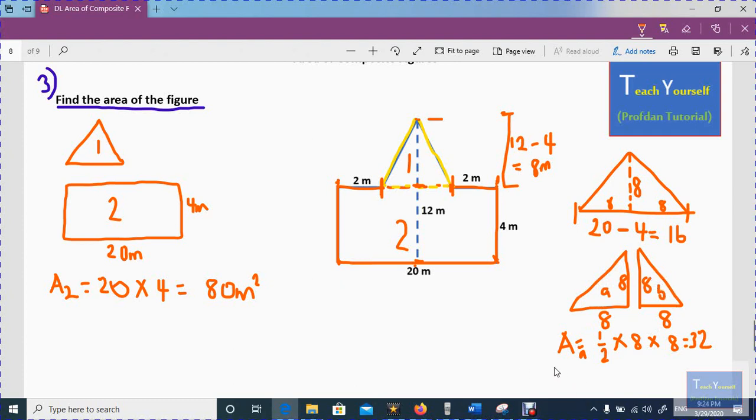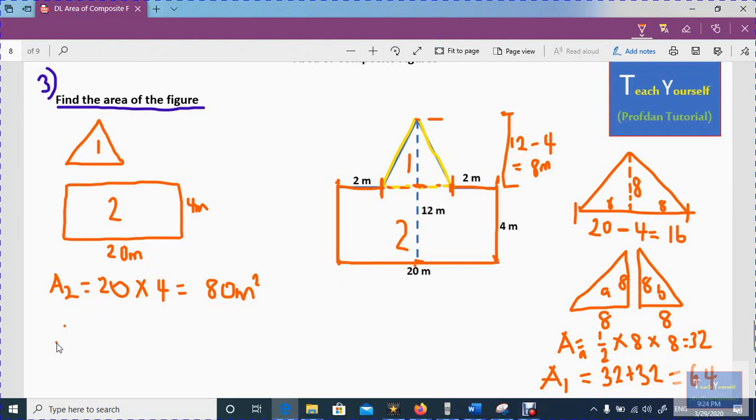So the area of the entire part 1 is A plus B, which is 32 plus 32, and that gives 64.